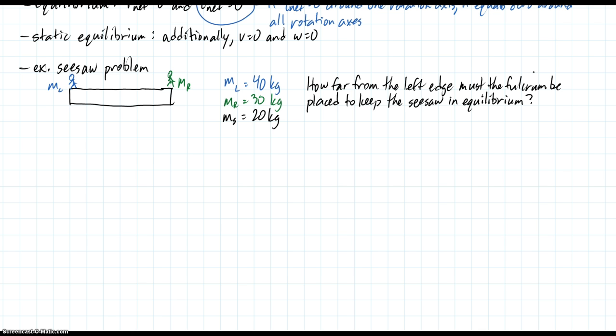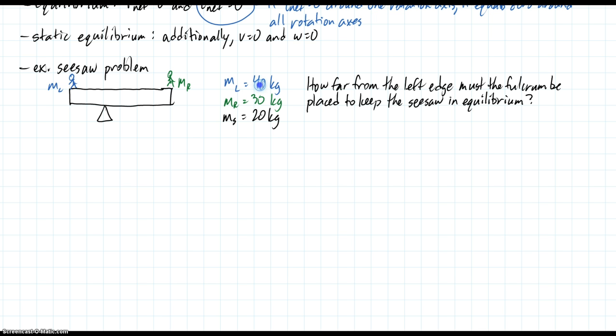One thing to note, since the mass of the person on the left edge is greater than the mass of the person on the right edge, we know the fulcrum is going to have to be someplace to the left of the middle in order for there to be any chance of this seesaw remaining balanced, remaining in equilibrium.